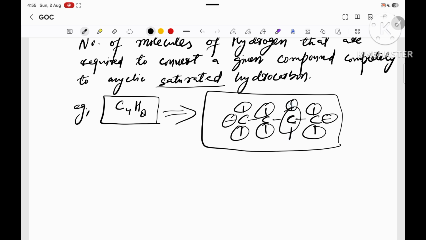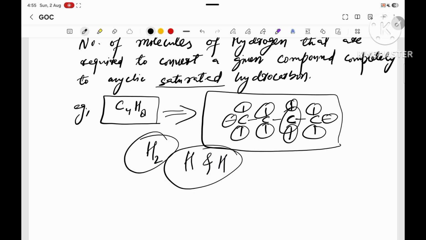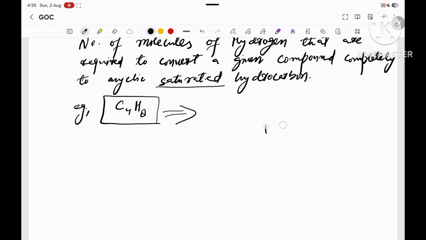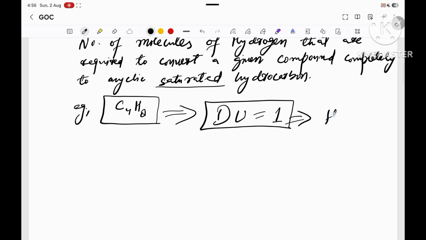We require two hydrogen atoms, that is one molecule of hydrogen, H and H. So there must be a double bond, or it must be a cyclic compound, so that there is a requirement of the hydrogen molecule. So DU is equal to 1, which means there is H2 requirement, one molecule of hydrogen, H2.